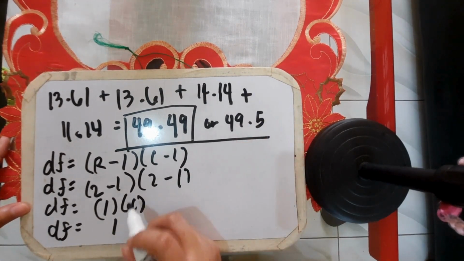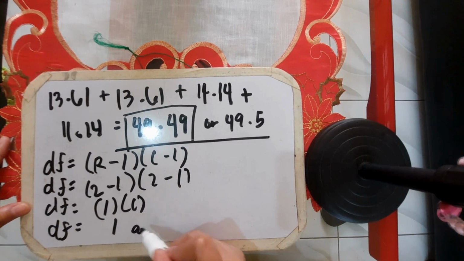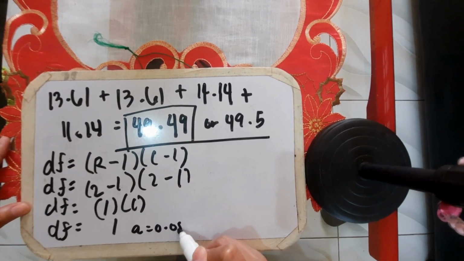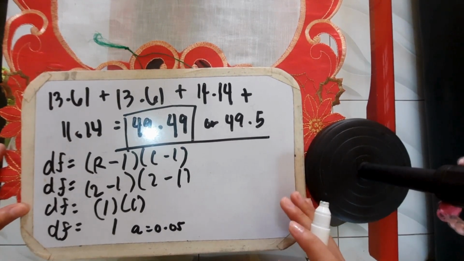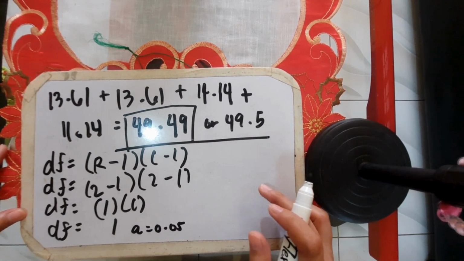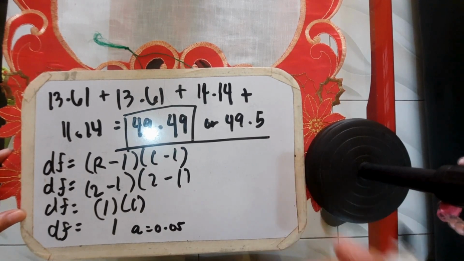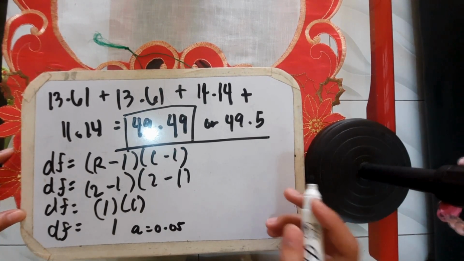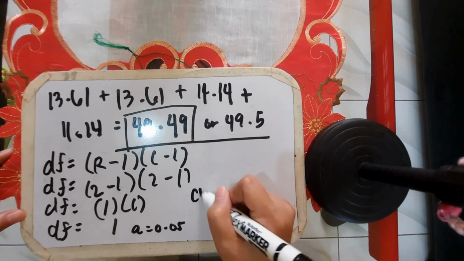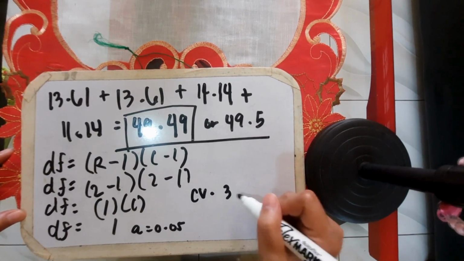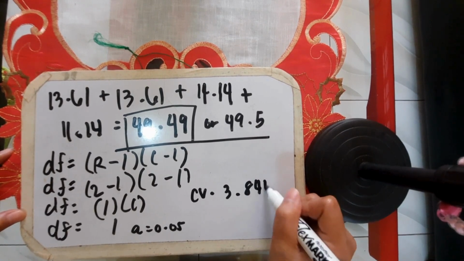Since the level of significance is 0.05, looking that up in the chi-squared degree of freedom table, we will have the critical value of 3.841.